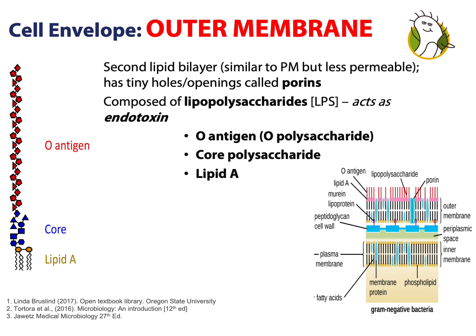Three structures compose your outer membrane: the O antigen or O polysaccharide, the core polysaccharide, and lipid A. The O antigen represents the outermost structure, while the core polysaccharide and lipid A anchor the lipopolysaccharide into the outer membrane.